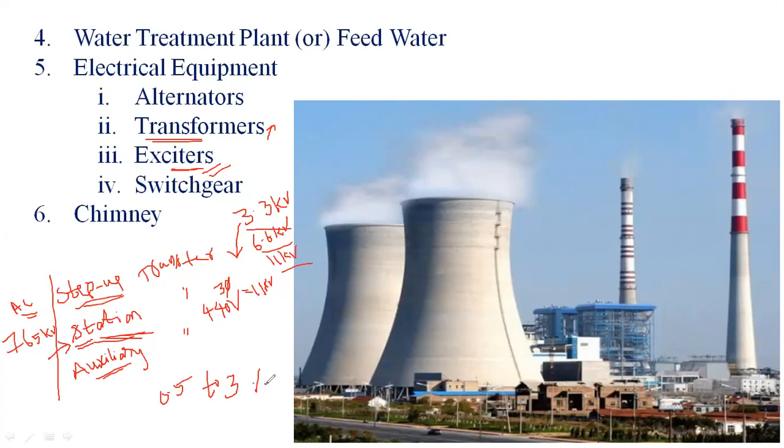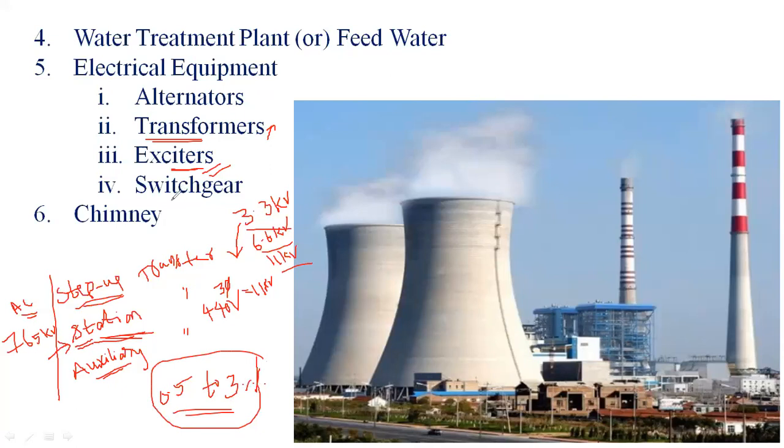With the help of the exciter we can generate 3 megawatts of DC power. So the exciter's capacity is 0.5 to 3% of the alternator's capacity. Here in the power plant itself, we can also generate DC supply with the help of the exciter.